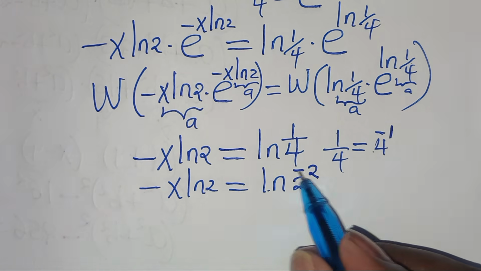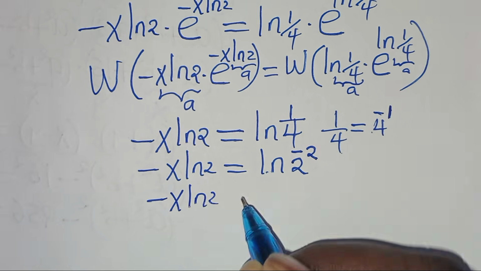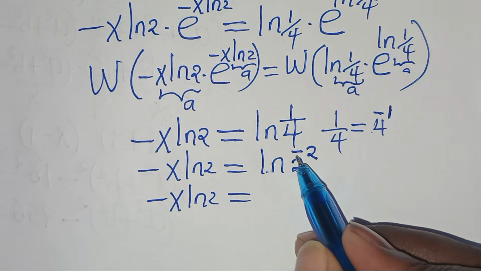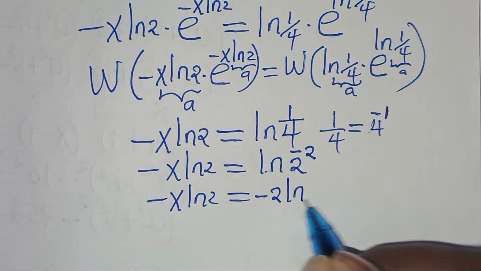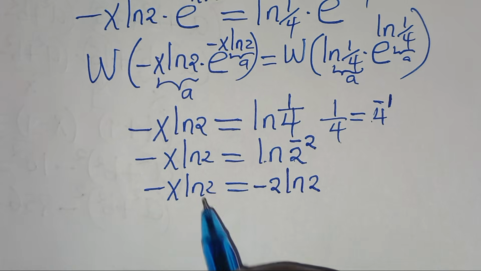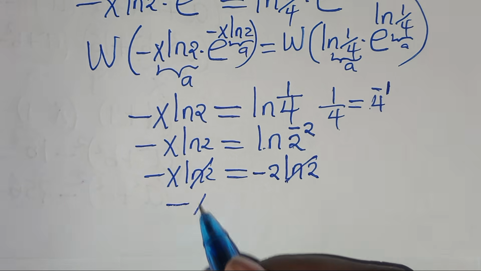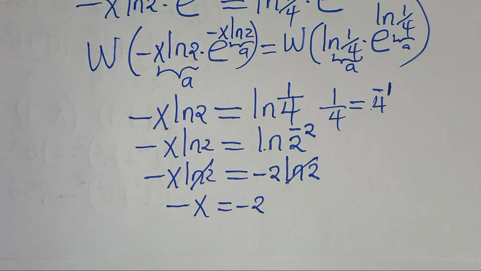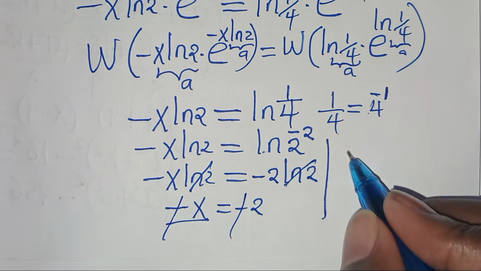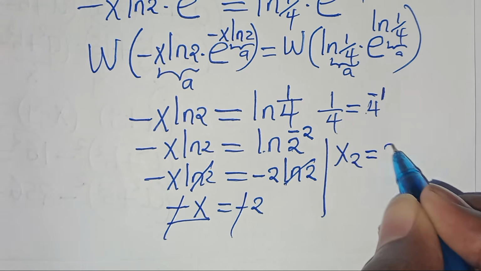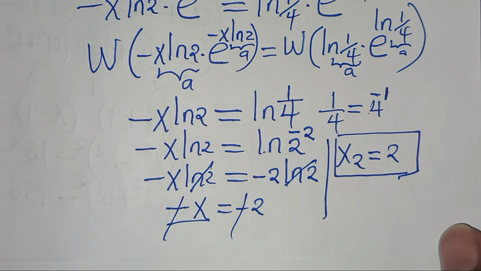This is ln of 2 to the power of minus 2. So we have minus x ln of 2, and we can express ln of 2 to the power of minus 2 as minus 2 multiplied by ln of 2. So we have ln of 2 here and ln of 2 here, which simplifies so that we have minus x equal to negative 2. Now let's cancel the negatives so that x is equal to 2. So we have the second value of x equal to 2.